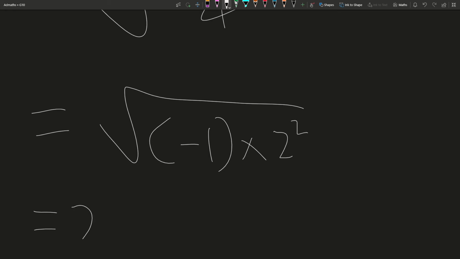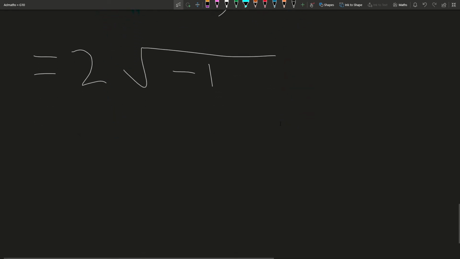So you can take out a 2, because the square root sign and the square cancel each other out. So that gets cancelled out with that, and that is why you can take it outside. So the square root of negative 4 is the same as saying 2 times the square root of negative 1, and that's the same as saying 2i.